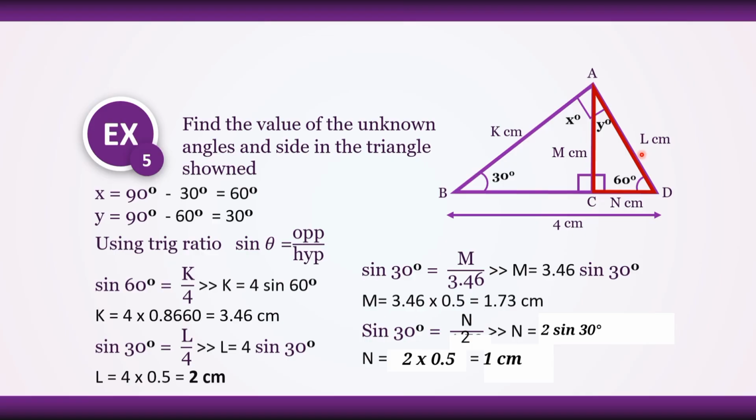Let's say, for instance, I haven't gotten the value of K yet. The first solution, now we know the value of K and we know the value of this BD. So we can find L using Pythagoras theorem. We will still get the same answer. So that is how to use Pythagoras theorem and trigonometry ratio.